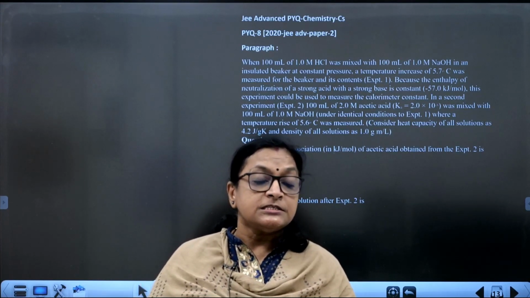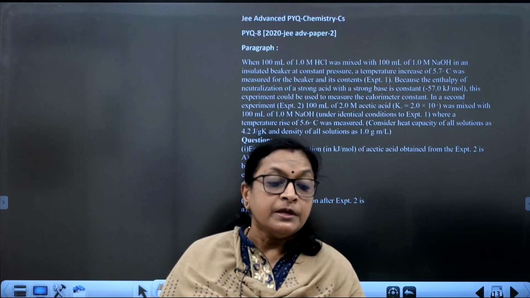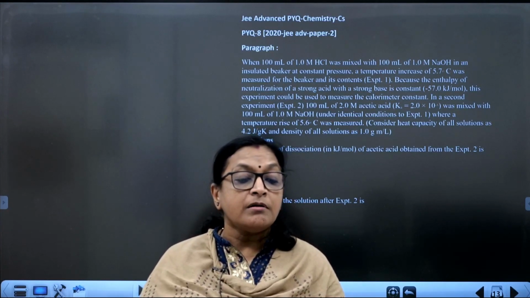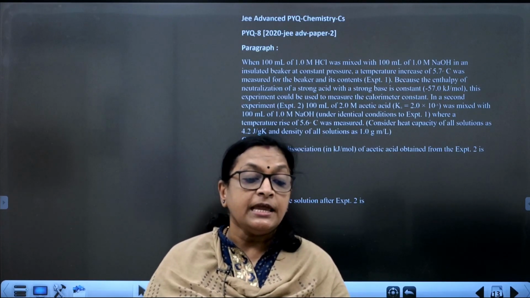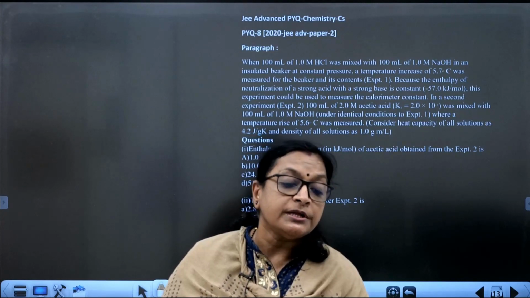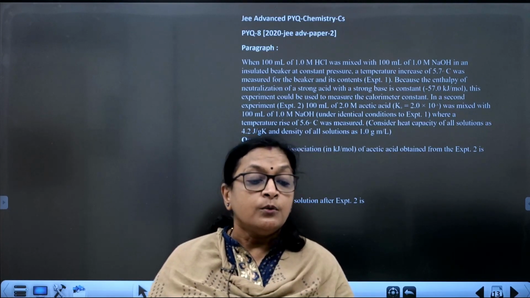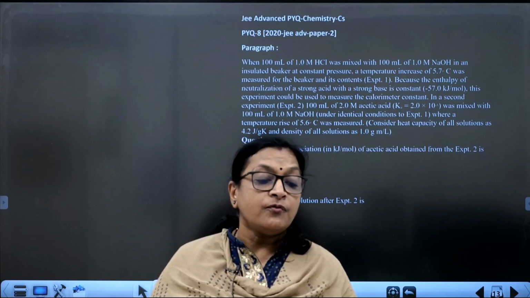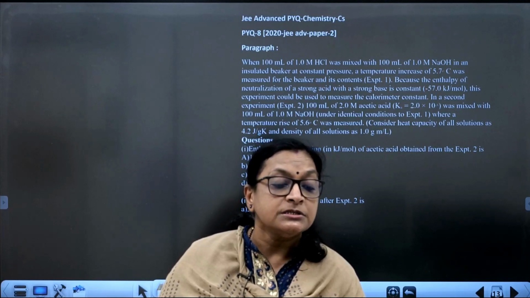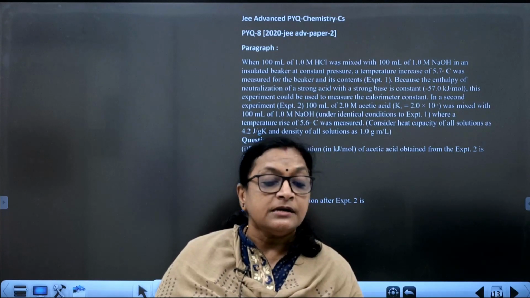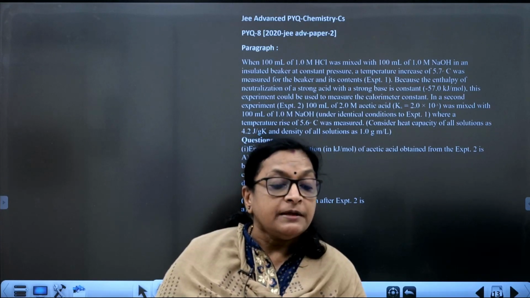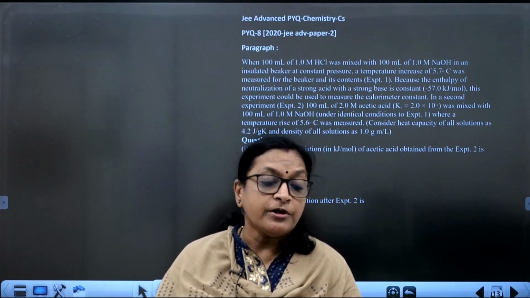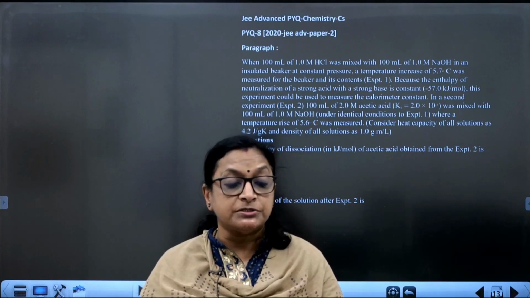In a second experiment, experiment 2, 100 ml of 2 molar acetic acid, and acetic acid's Ka value is given as 2 into 10 to the power minus 5, was mixed with 100 ml of 1 molar NaOH under identical conditions to experiment 1, where a temperature rise of 5.6 degrees Celsius was measured.